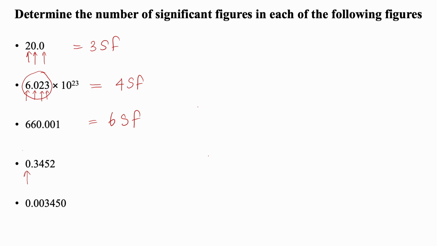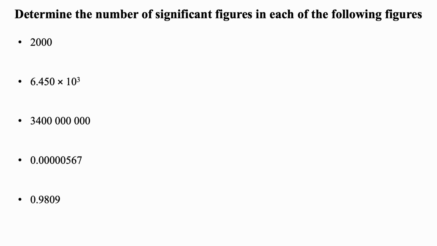Therefore, it's not significant. Number 3, number 4, 5 and 2, they are the only significant figures in this value. Therefore, you have 4 significant figures. These 3 zeros again are considered placeholders. Only 3, 4, 5 and 0 at the very end is significant. So you have 4 significant figures.